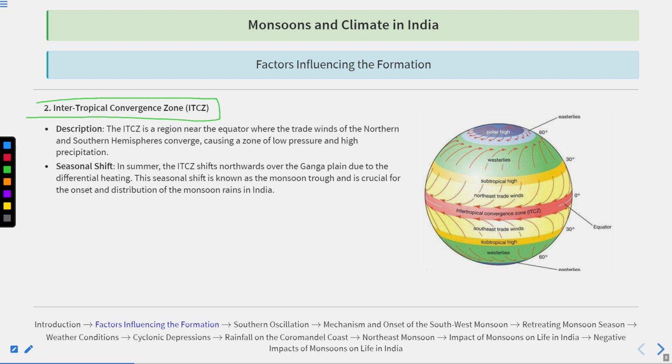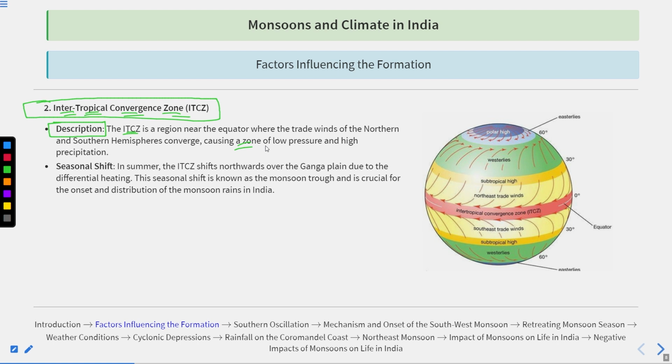After this, the ITCZ, also known as the Intertropical Convergence Zone. If we go by the description, we can say ITCZ is a region near the equator where the trade winds of the northern and the southern hemisphere all converge. And due to the convergence, there is a zone of low pressure and high precipitation.